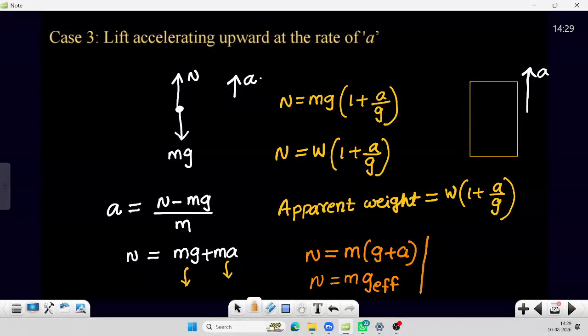If the lift is moving in the upward direction, g effective is equal to g plus a. Understand what I'm saying? If the lift is moving upward, the g effective, the gravity acting on the person, is g plus a. Okay.